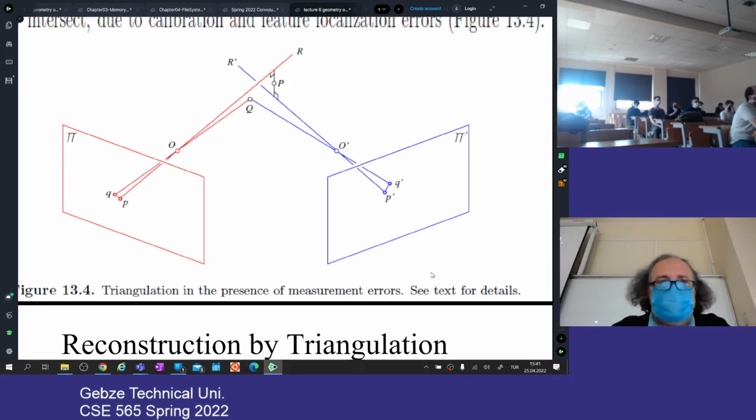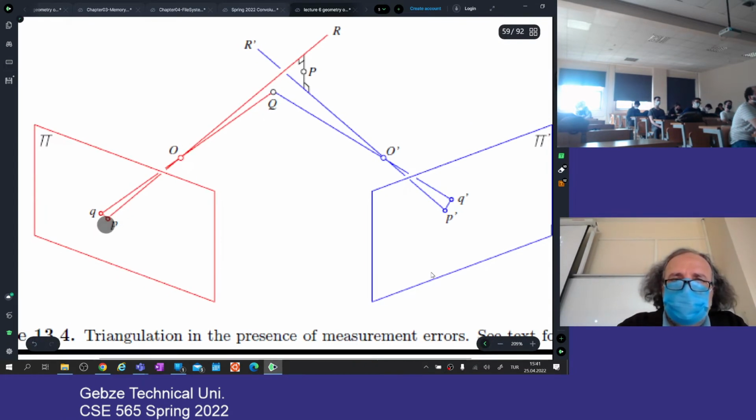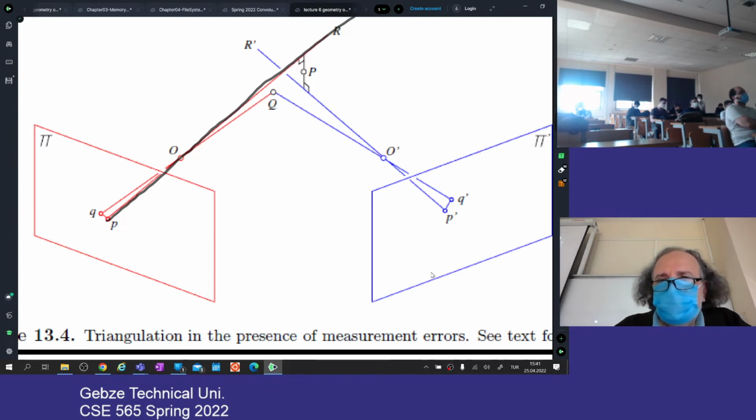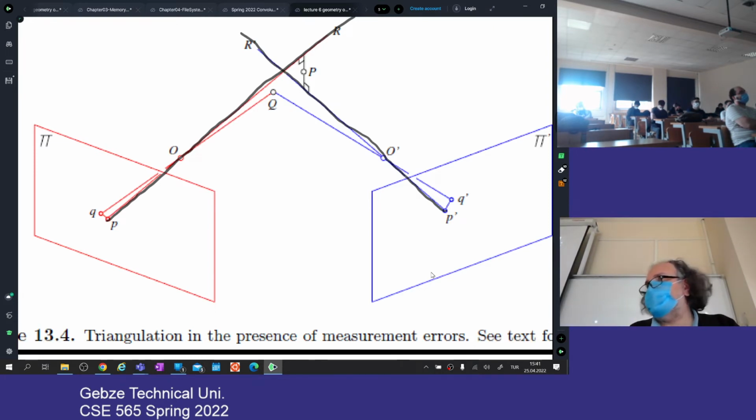What I'm saying is that if I say this point P, let me show it in black, corresponds to this point P prime, and I draw these two lines, in the real world they may not intersect.